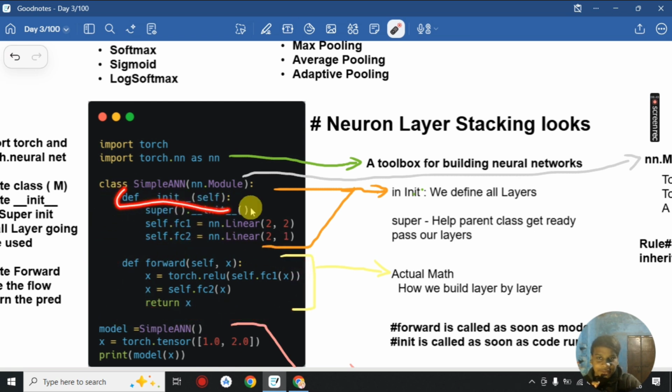Here in def __init__ we first call super().__init__() of the torch neural network module. This is very important. Basically it's like saying that we are going to train a model and your job is to keep it ready. Then we specify our neural layers.